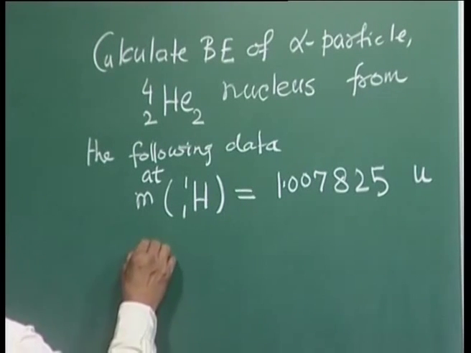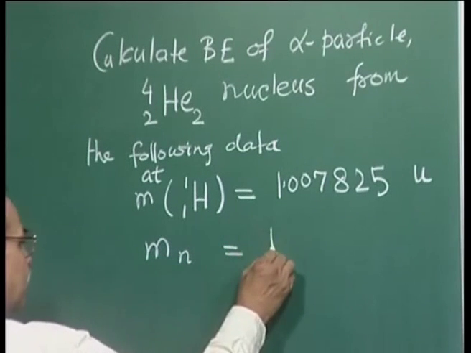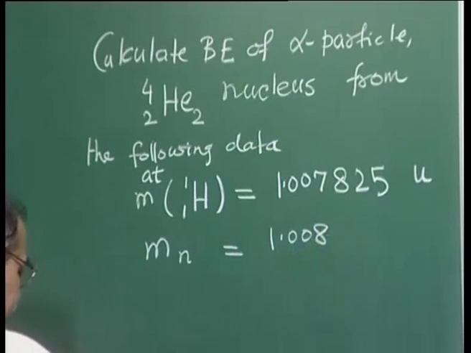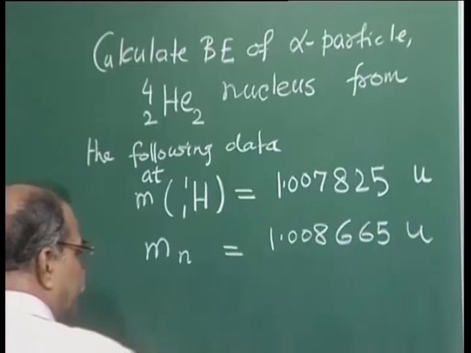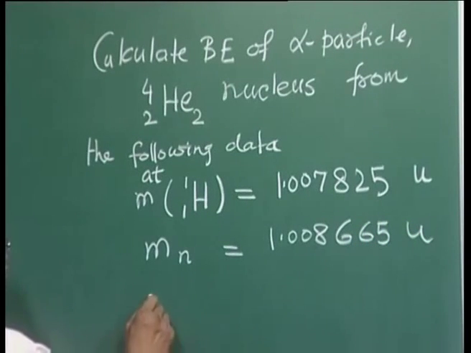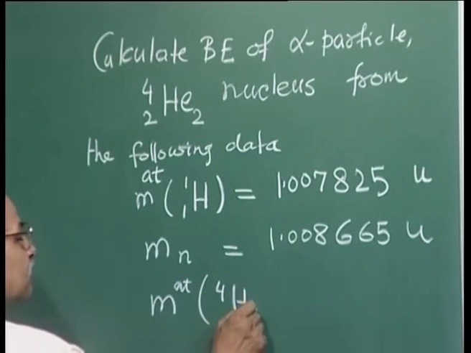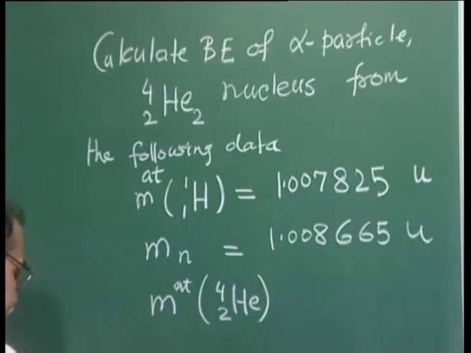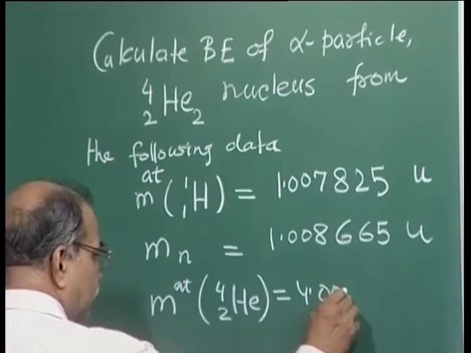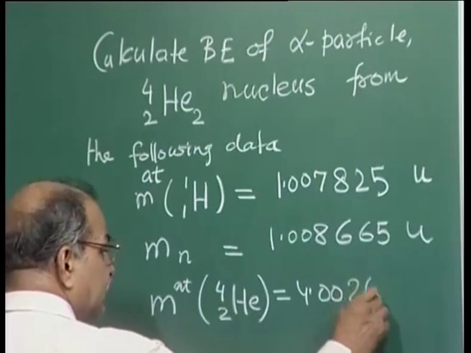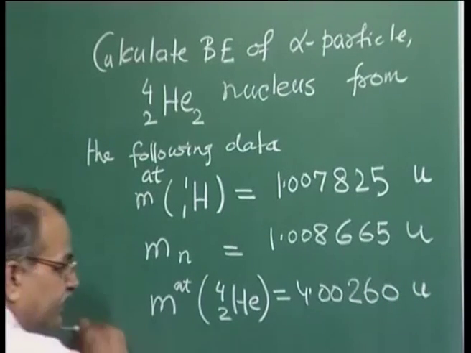And then mass of neutron is 1.008665 U, and then mass of helium atom, atomic mass is 4.00260 U. Okay. So, this is the data given.